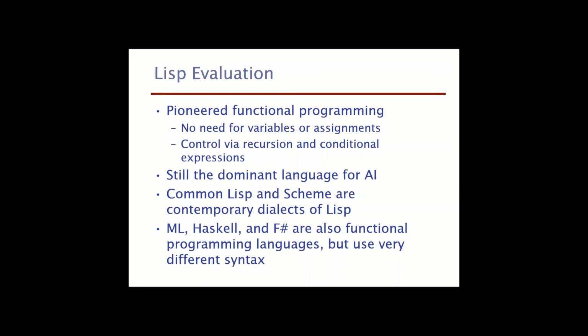They came as a solution for this. I'll explain why. Nowadays we have ML, Haskell, F#, and other functional programming languages, but they are different in syntax. Common Lisp and Scheme are based on the syntax of Lisp itself, but those are really different. We will try to give an idea about them. However, this was the pioneer in the field.